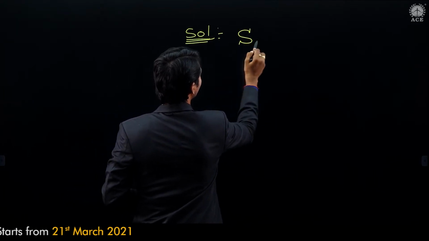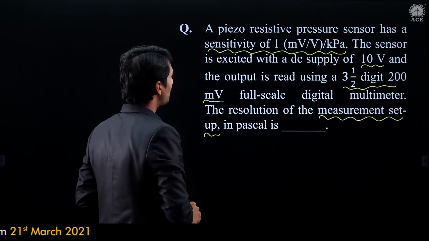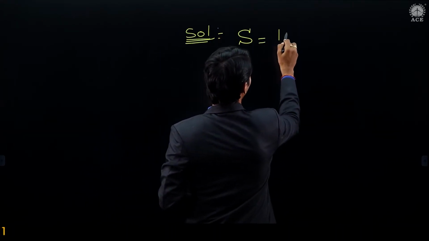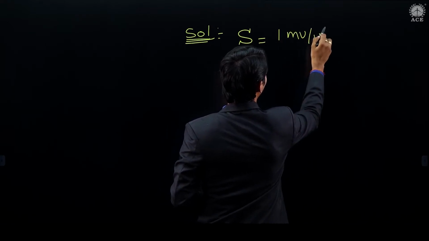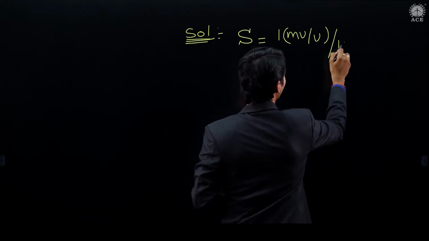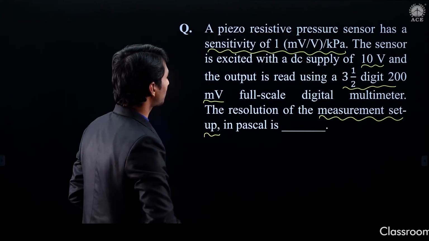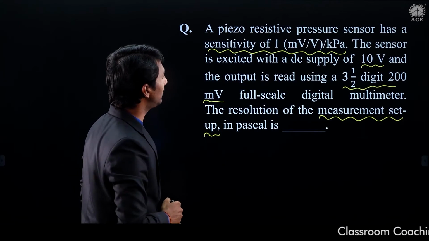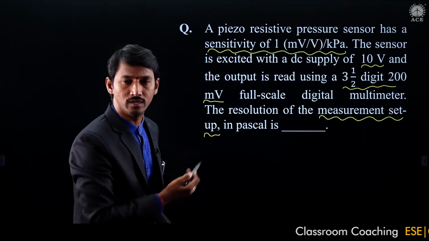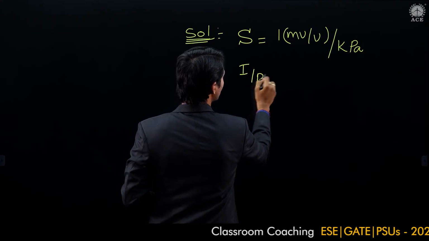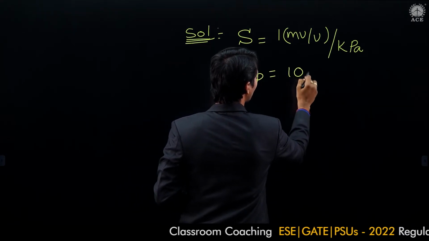Sensitivity S is equal to how much value? 1 millivolt per volt per kilopascal. The sensor is excited with a DC supply of, what is the value? Input voltage is 10 volt. So input applied voltage, nothing but excited with 10 volt.